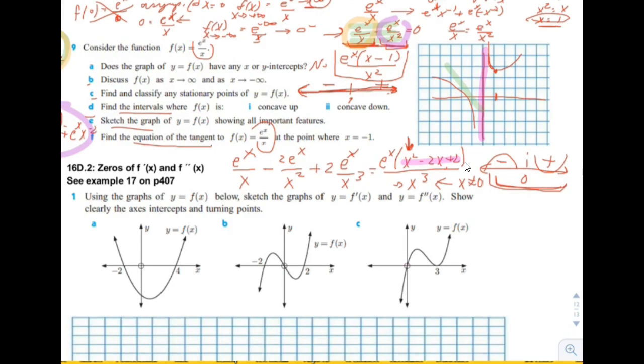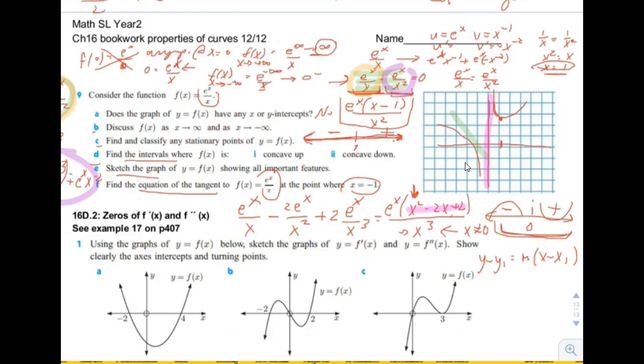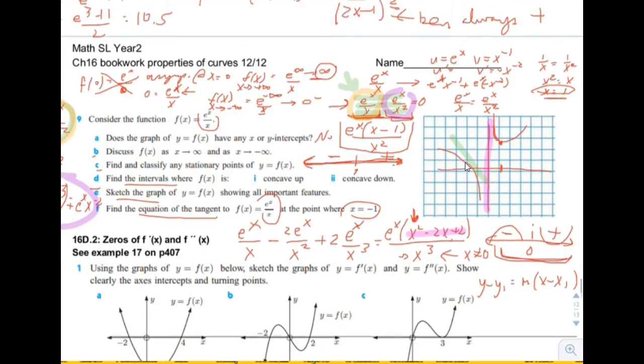Well, first of all, since we want the tangent line at x equals -1, we write down the equation in gradient intercept form, right? And then we know that the slope is going to come from the gradient function, which is here. We use that gradient function to find the value at x equals -1.